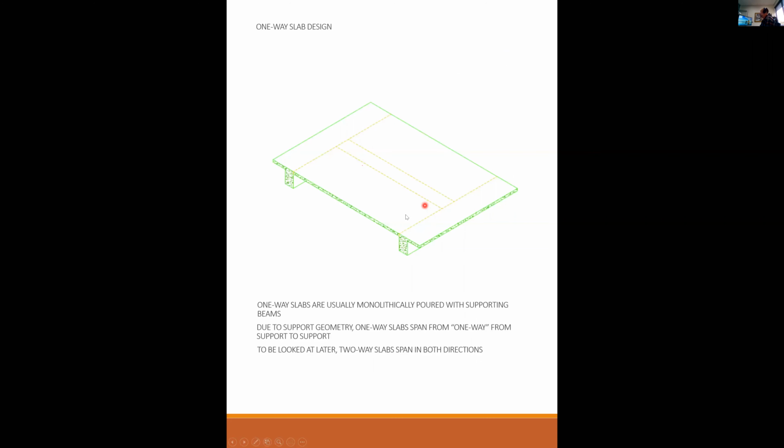Once you have poured this and it starts to cure, concrete shrinks. We talked about this in lecture number 1. So the beams are basically restraining this slab from shrinking. It has nowhere to go. It's being restrained by beams and columns. So that means it's going to crack. And that's okay. All concrete slabs crack.